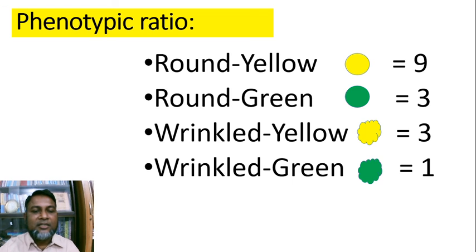As a result, round shape is combined with green color, and wrinkled shape is combined with yellow color. It is possible when independent assortment occurs among two pairs of genes or alleles.